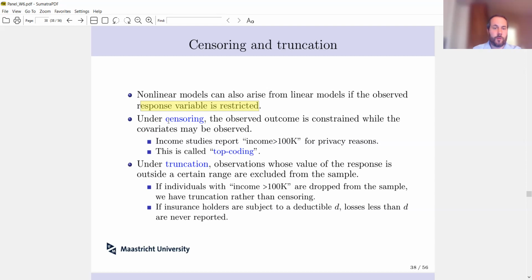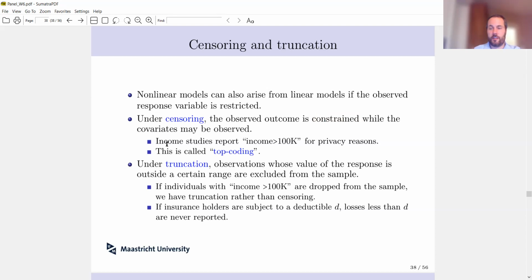For instance, what is happening when we censor data? There is a difference between censoring and truncation: the covariates, the x variables, are observed as they should be. However, the outcome variable is constrained.